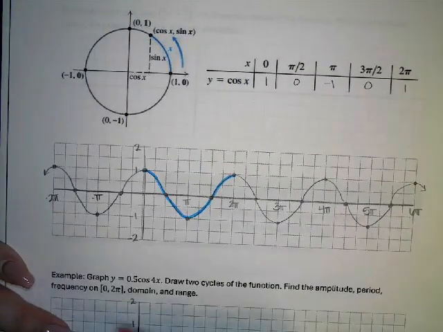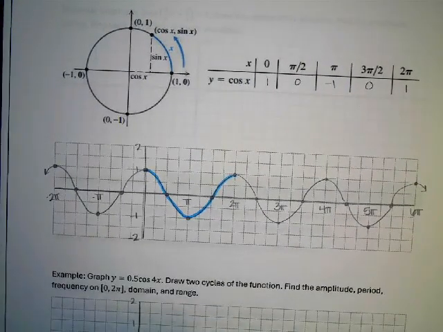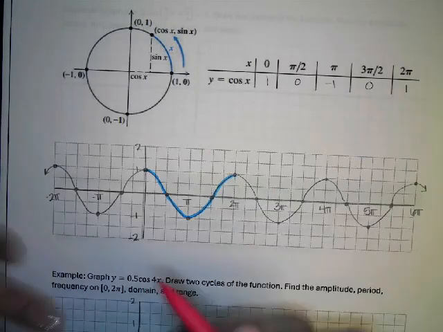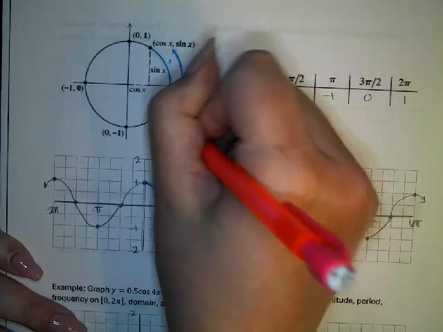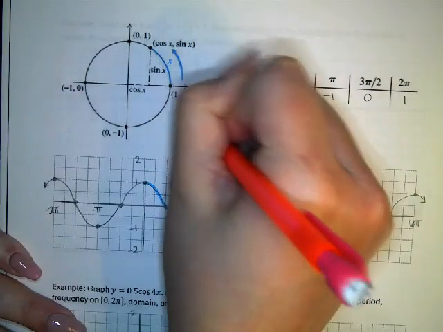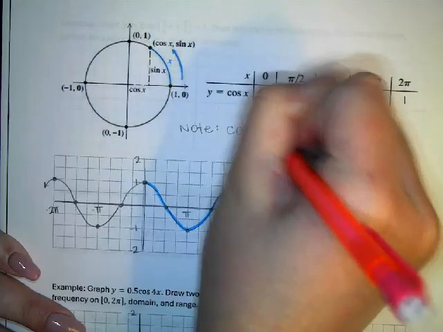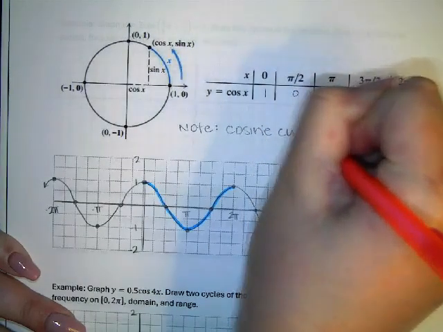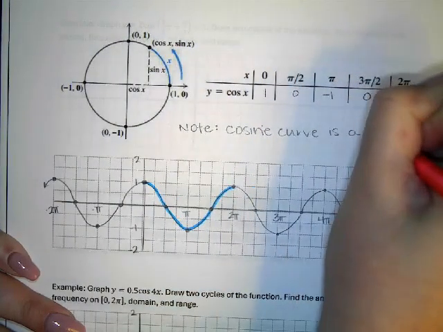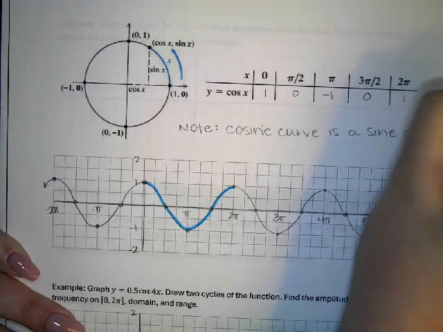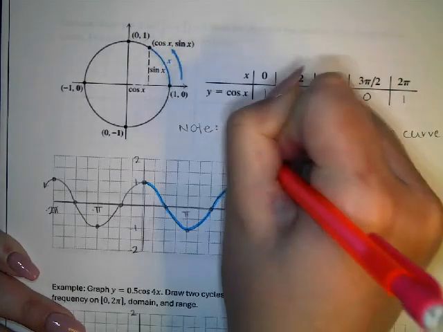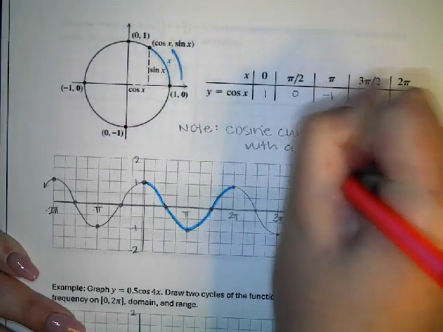It's a sine curve that's been shifted to the left or to the right so that it starts in a different spot. So a cosine curve is a sine curve with a phase shift.